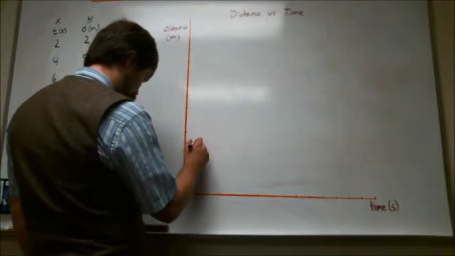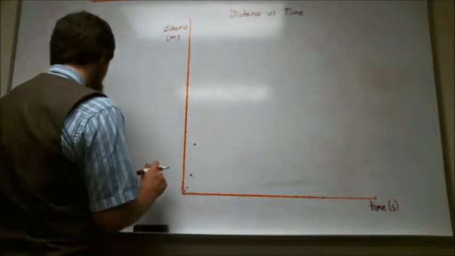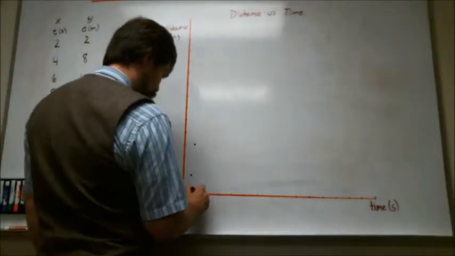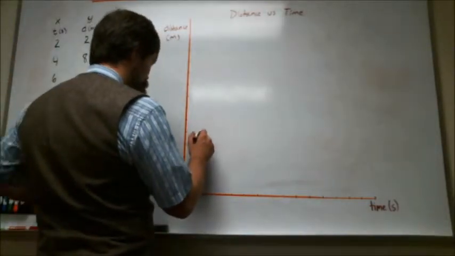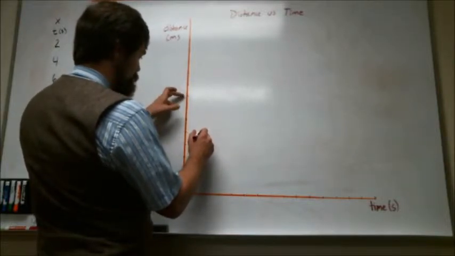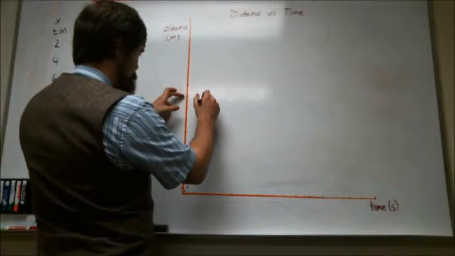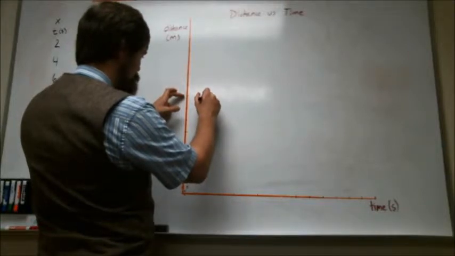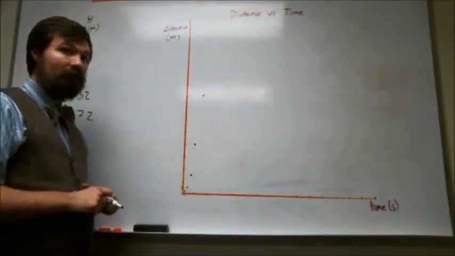So it's right around here. And 12, 72. So 30, 40, 50, 60, 70. Gets us right around here.